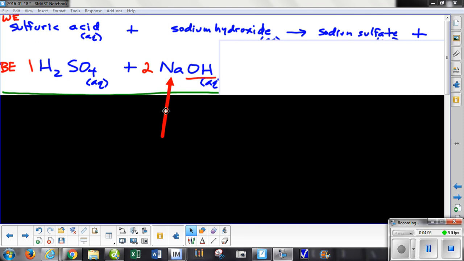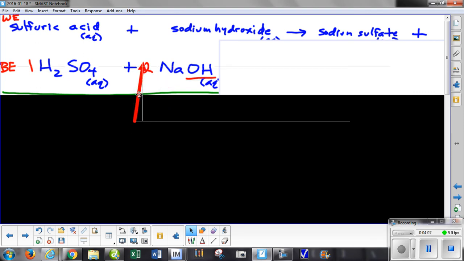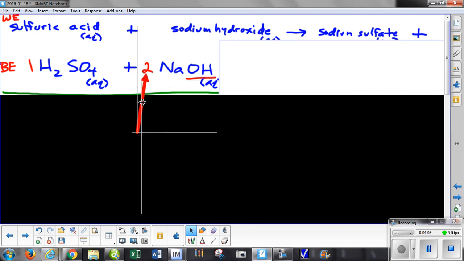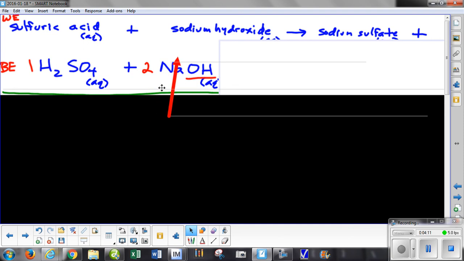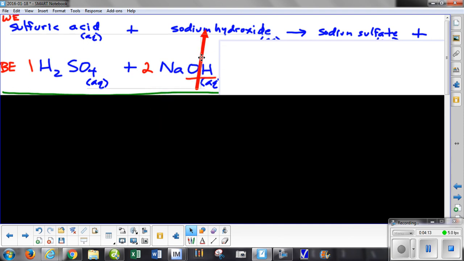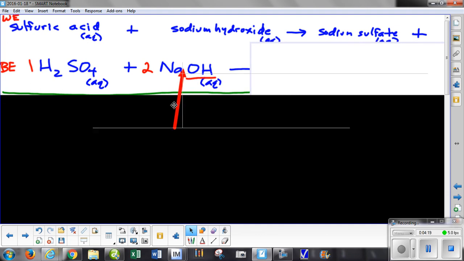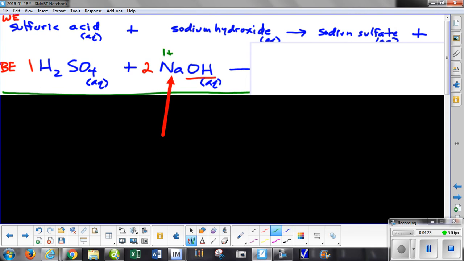So, anyway, this 2 here is part of the balancing, and the sodium is part of the sodium hydroxide. The OH is the other part, and this sodium is a 1 plus, and we know that from using our little chart at the top of the ions and acids to memorize chart, and then we look for hydroxide in the middle, and we see that it's a 1 minus.